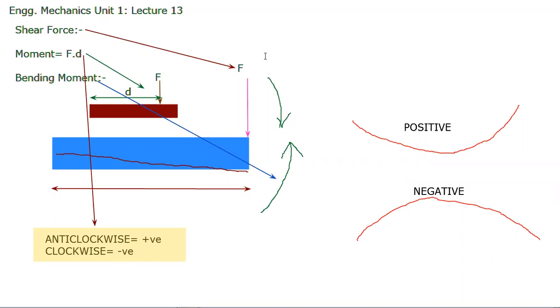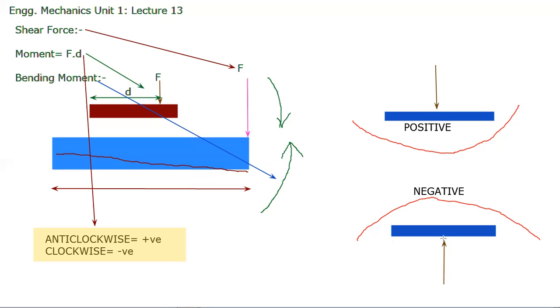Now, what is the exact meaning of this? If your force is acting on a beam like this, suppose that this is the beam. Beam means it is a section. Suppose this force is acting like this, it will create a positive bending moment. And suppose this force is acting from downward to upward, it will create a hogging moment.